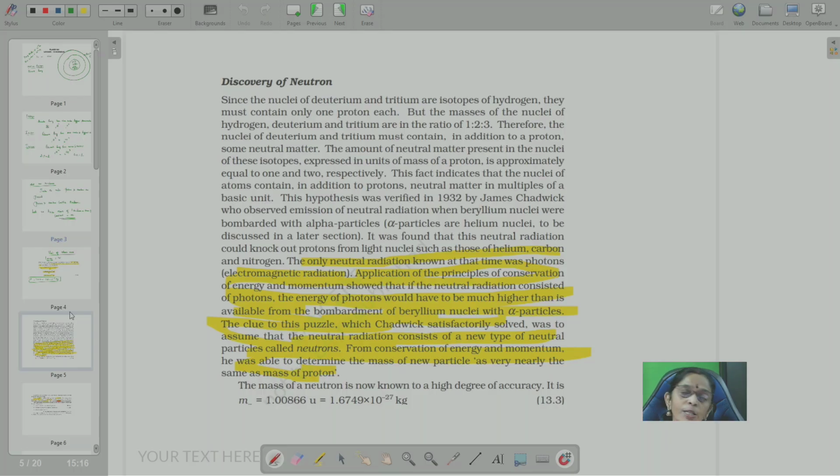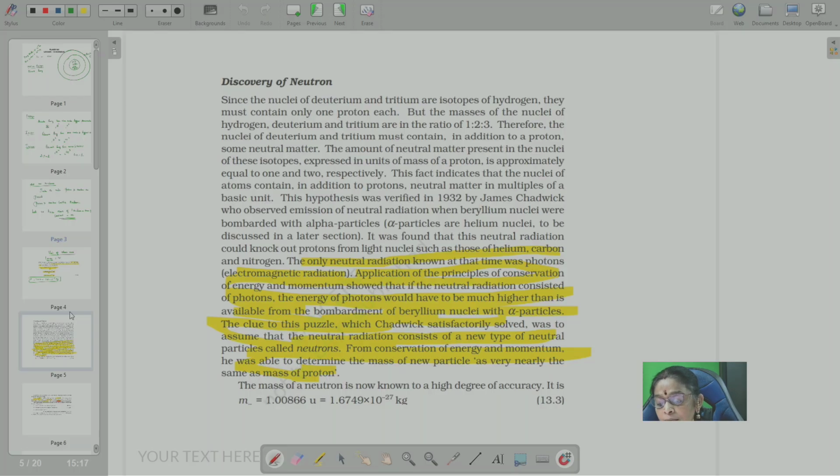It was only repelling, so from that he was able to conclude that the nucleus contained positive charge. But we were not sure about what else was present apart from the proton. So the discovery of the neutron made us understand that there is another uncharged particle present, which is responsible for binding the nucleons together.